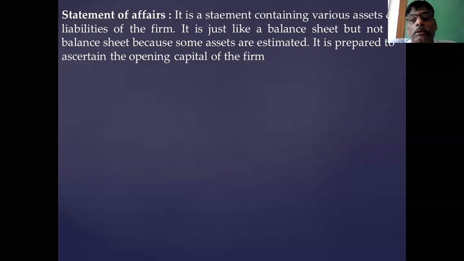The main purpose of preparation of this statement of affairs is to find out opening capital. This is the first. And subsidiary objectives are to find out the opening balances of missing asset or missing liability. This is the point you have to remember.